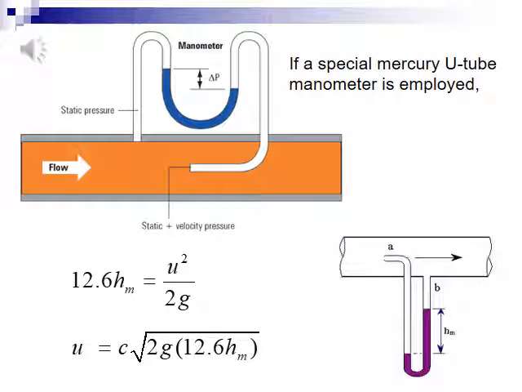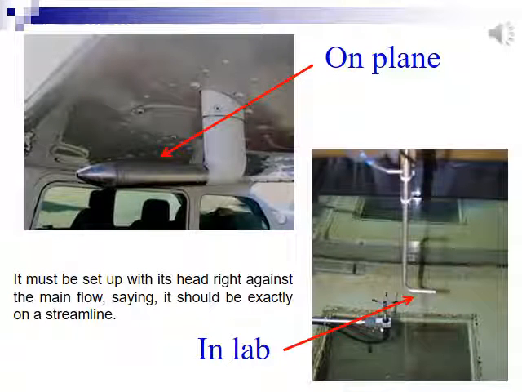Sometimes, if the velocity is very large, a mercury U-tube manometer has to be used to get the piezometric head. Thus, we should give a value of 12.6 to convert the mercury column HM to a water height. These are some Pitot tube applications in reality.